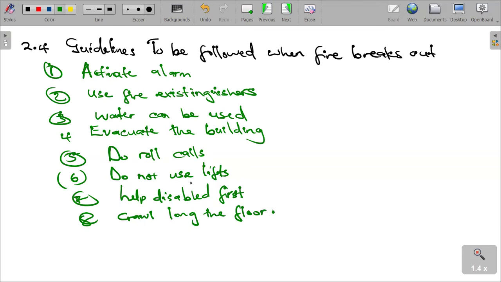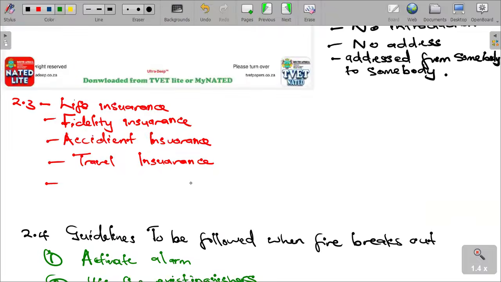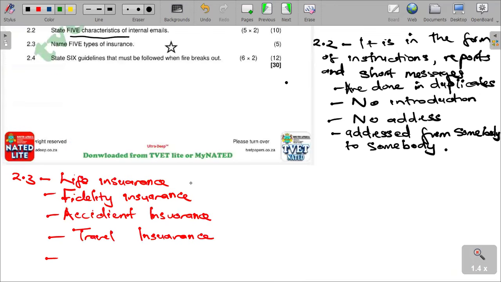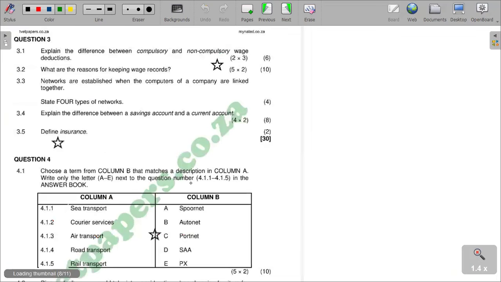Right. So let's go to the next question, which is question 3. 3.1. Explain the difference between compulsory and non-compulsory wage deductions. Right.